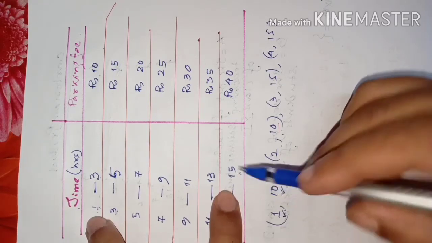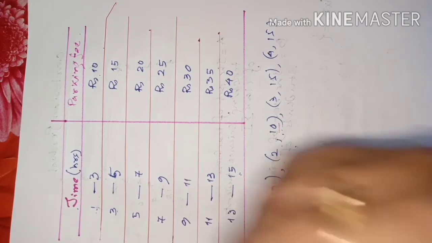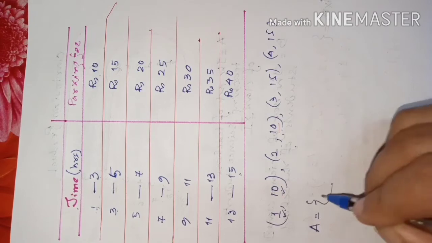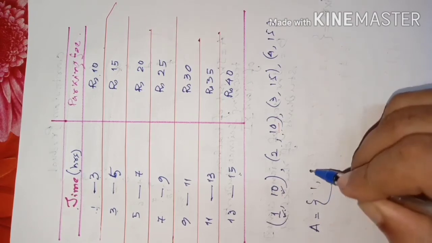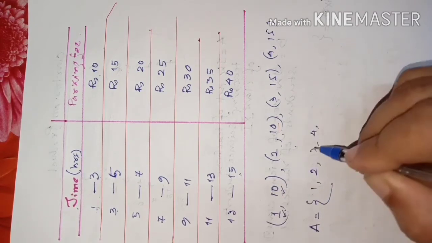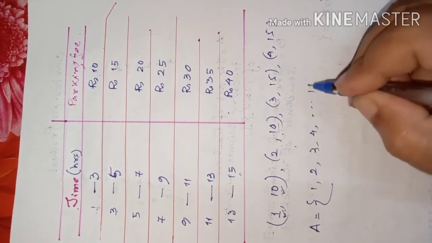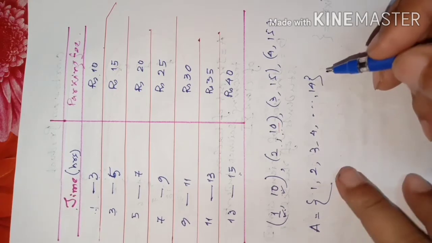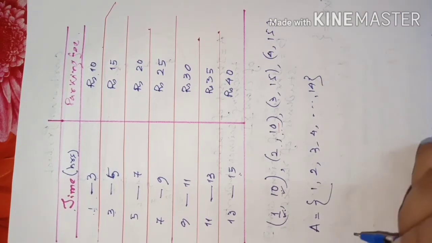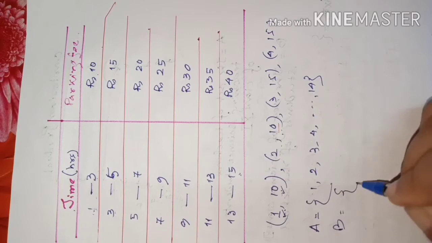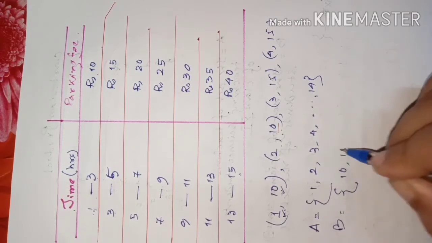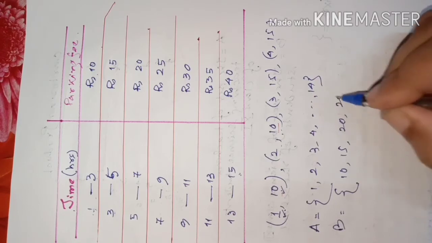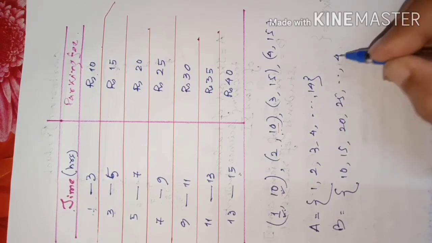Suppose 1, 2, 3, 4, up to 14 is the set of hours, A. And B is the set of parking fees: 10 rupees, 15 rupees, then 20 rupees, 25 rupees, up to 40 rupees.